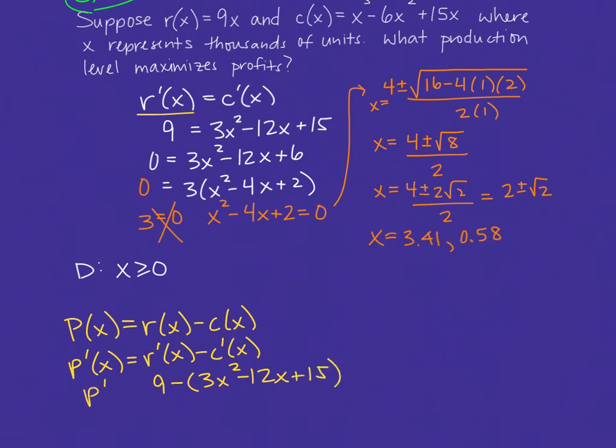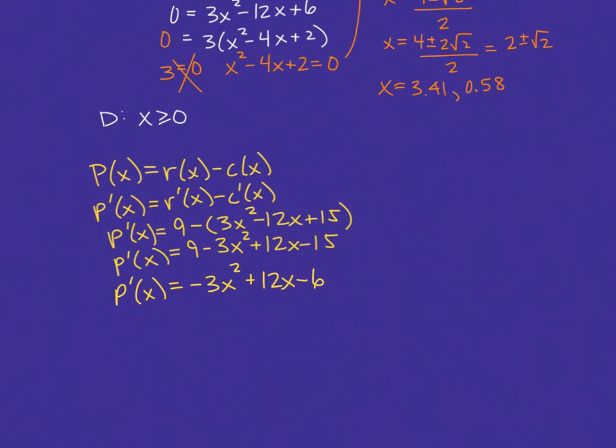So simplifying this, P prime of x is 9 minus that, and after a little more work, we found P prime is negative 3x squared plus 12x minus 6. The reason I do this is because we can either perform the first derivative test using these two critical points, or we can perform the second derivative test.